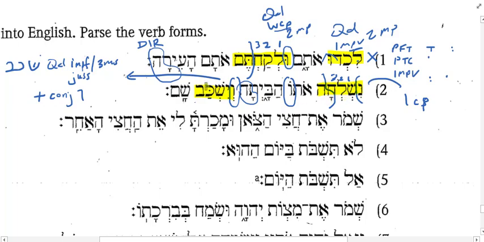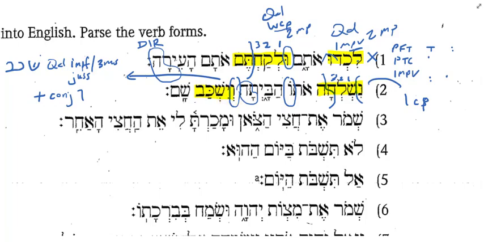Do the first action so that the second action can happen. So we're going to translate this as, let's send him so that he may rest. Let us send him to the house so that he may rest.